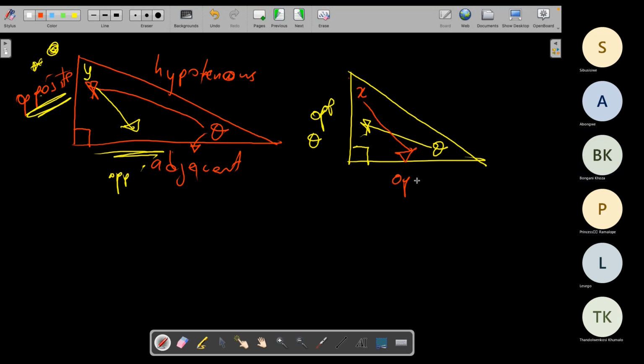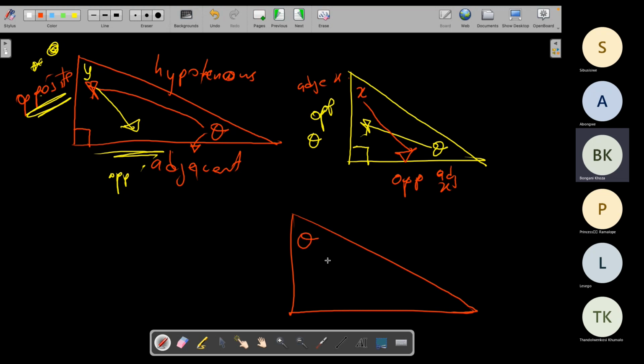So just as this is adjacent for theta, this one is adjacent for x, like that. This is to avoid confusion when the triangle is drawn in a different way, and you still say this is opposite with this being your theta.